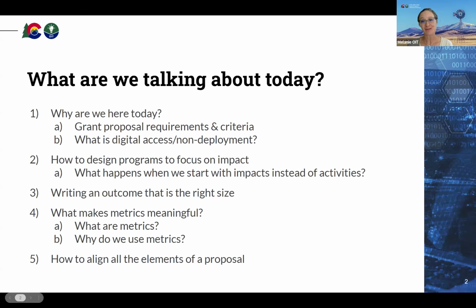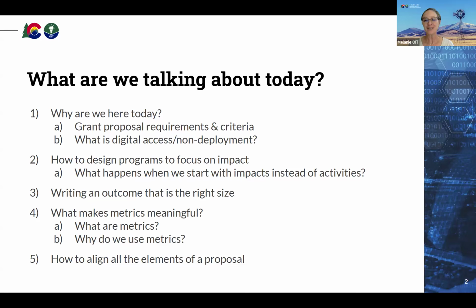This is what we're talking about today. We want to make sure that you have good grant proposals. So we want to cover briefly the requirements and the criteria, think about what it is that we're looking for, and then how to design programs that are focused on impact. We want to think about outcomes that are the right size for the projects you're thinking of.